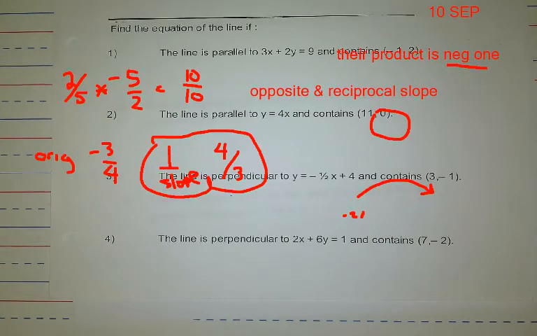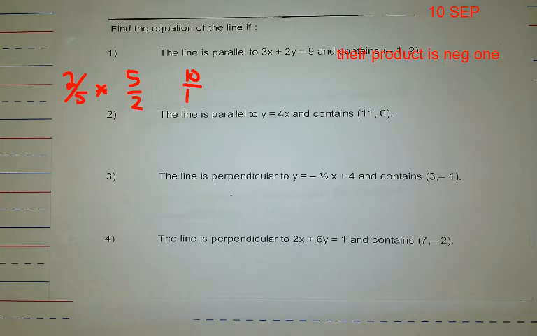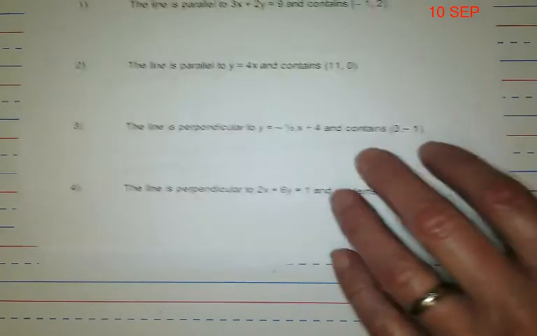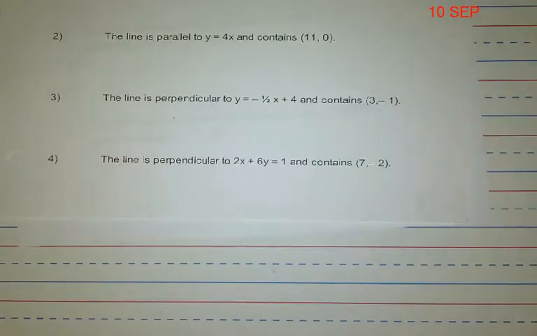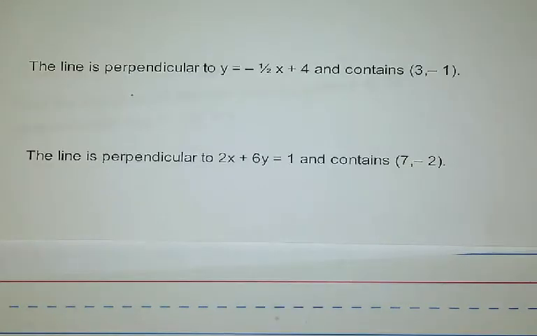All right, so here we go. We know that if we're trying to get a line perpendicular to this line, we have to find the perpendicular slope, right? So let's zoom in on this just a little bit. There we go. I need to know what slope is perpendicular to that.